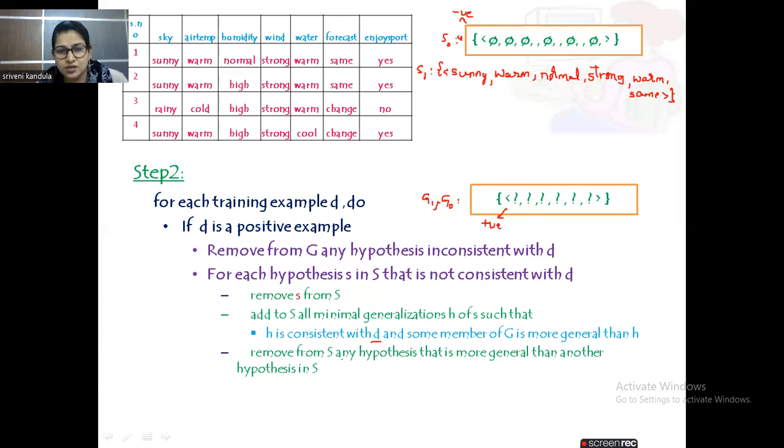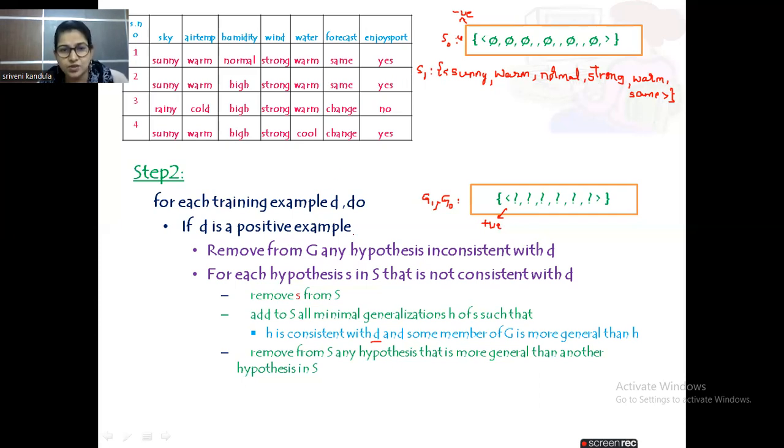Coming to the next step, remove from S any hypothesis that is more general than another hypothesis in S. Here we have only one hypothesis. There is no other hypothesis which is more general than this. So no more changes to S1. Now let's move on to the next example. This next example is also a positive example.